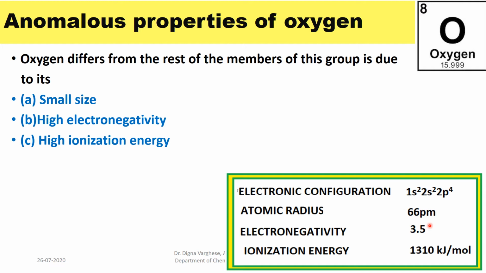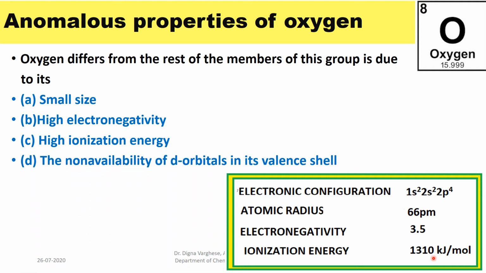Oxygen has high ionization energy, that is 1310 kJ per mole. The non-availability of d orbitals in its valence shell. We know the electronic configuration of oxygen is 1s2, 2s2, 2p4. It has no d orbitals in the valence shell.